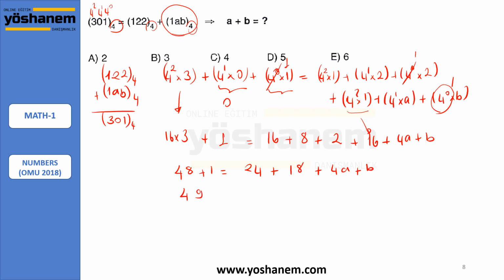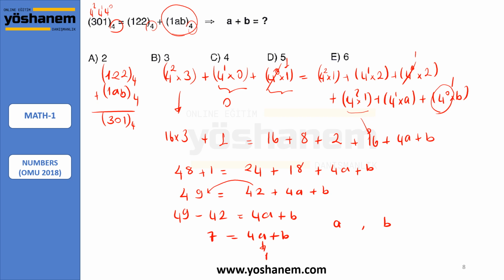49 equals 42 plus 4a plus b. Okay, so this is 49 minus 42 equals 4a plus b. 7 equals 4a plus b. And from here the values of a and b.